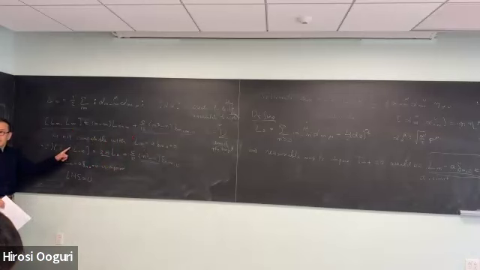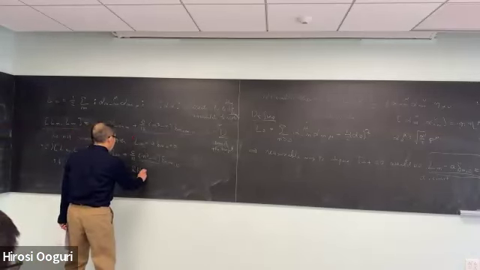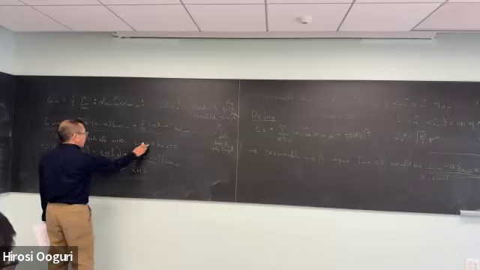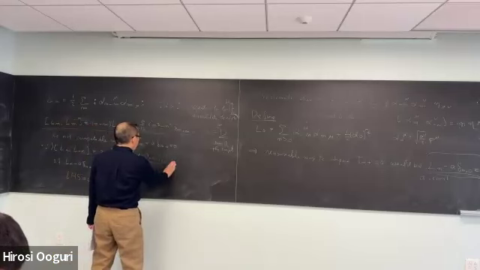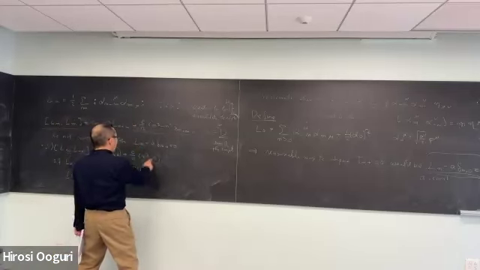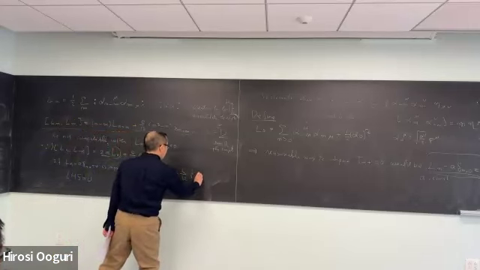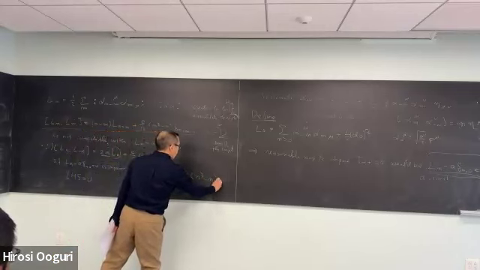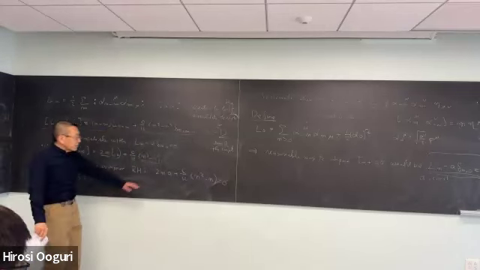The right-hand side, if you substitute L0 to be this, we replace L by A, so the right-hand side becomes 2nA plus c/12 (n cubed minus n) is equal to 0. Okay, so this is problematic.